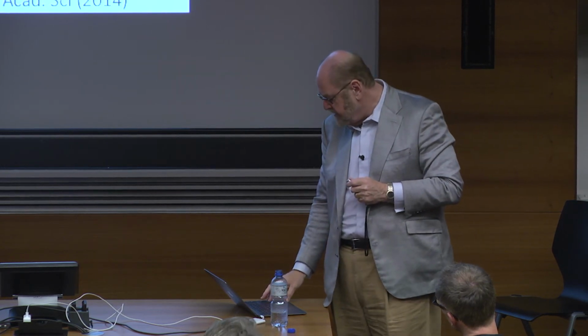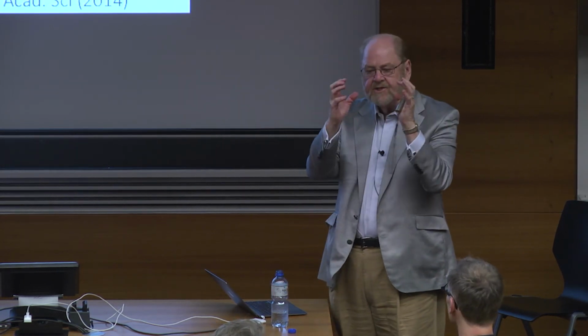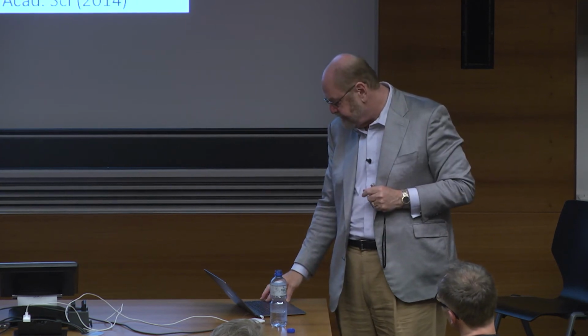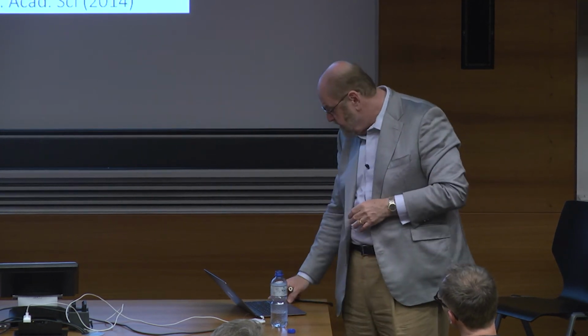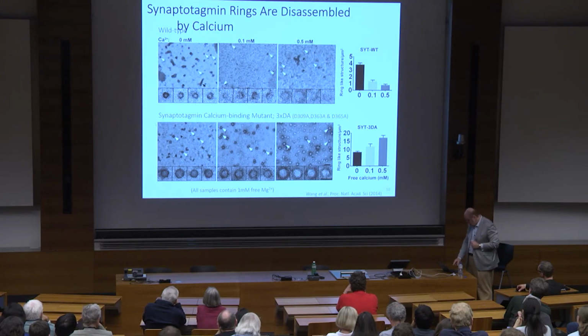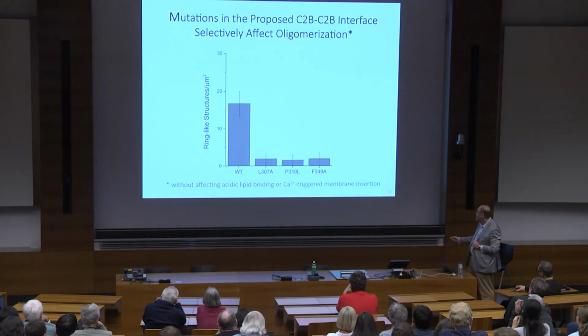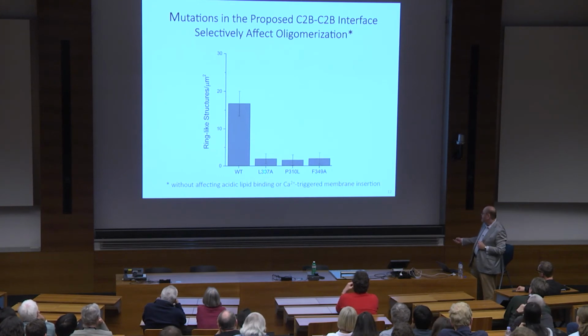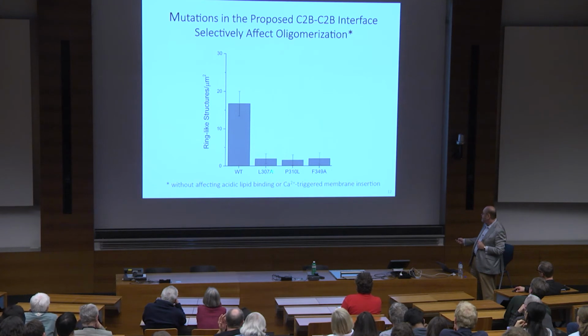And indeed, some of the residues on each of the surfaces of the B domain that were mutated had an effect. And they are shown here. For example, leucine 307 and proline 310 on one face of the protein, and on the complementary face, residue 349, phenylalanine to alanine.